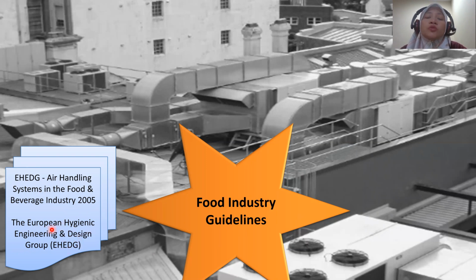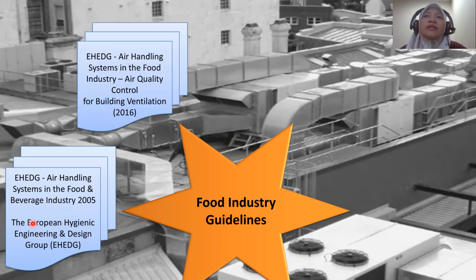You may visit this website, where it has a lot of guideline documents that you can refer to. The second document is again published by EHEDG, entitled Air Handling System in the Food Industry, focusing on air control for building ventilation.